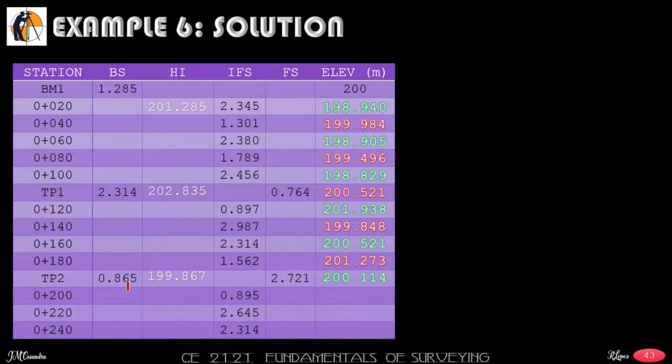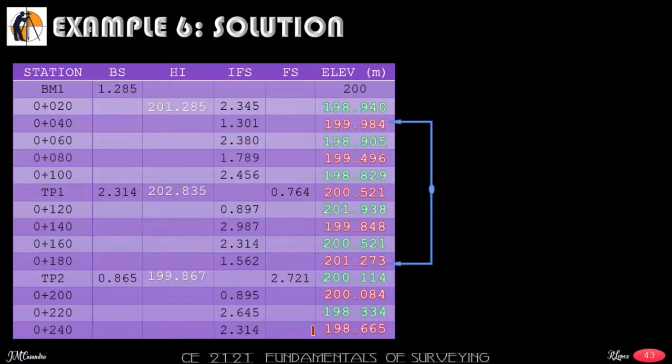And for our elevation from TP2 to 0 plus 240, we will have for 0 plus 200, 200.084. Station 0 plus 220 is 198.334. And 0 plus 240 is 198.665. So these are the elevations for each of our stations.